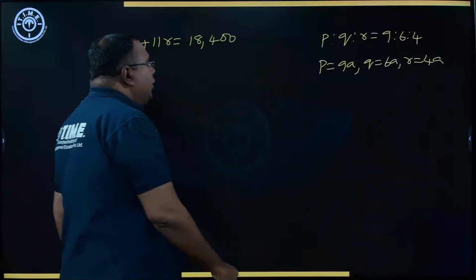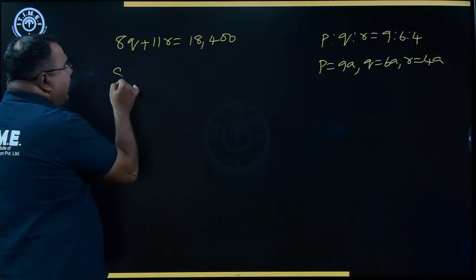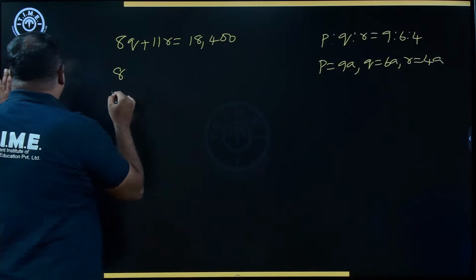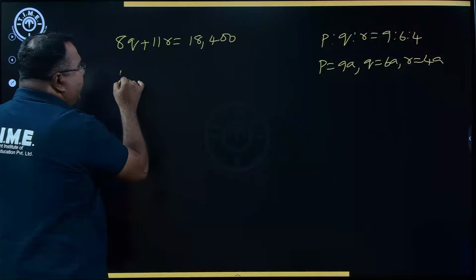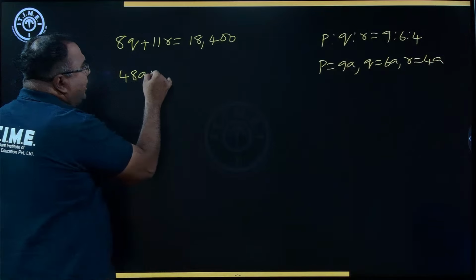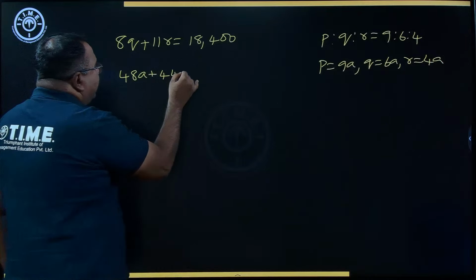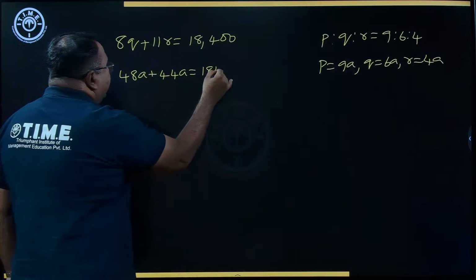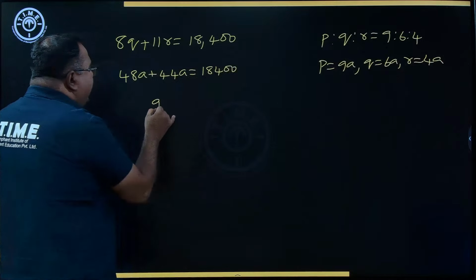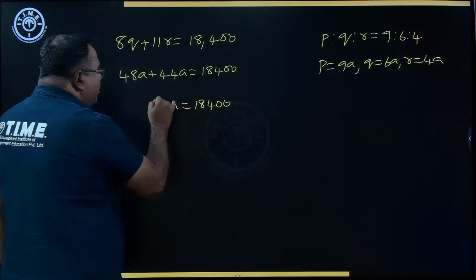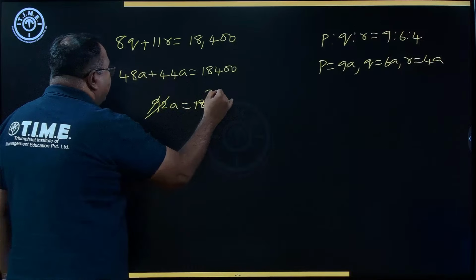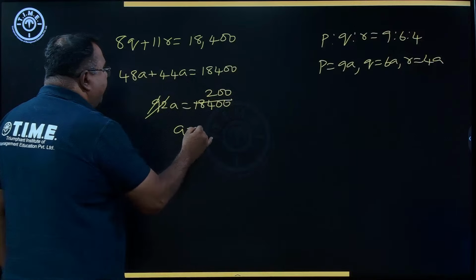Now substituting Q and R values here, 8 into 6A, I can say directly 48A. 11 into 4A, 44A is 18,400. My 92A is equal to 18,400. 92 goes 2 times in 184. So my A value is 200.